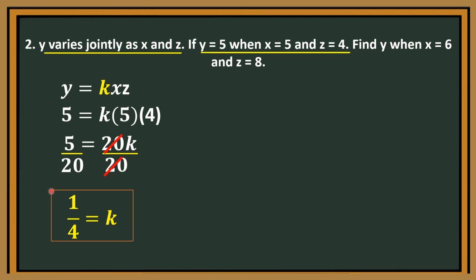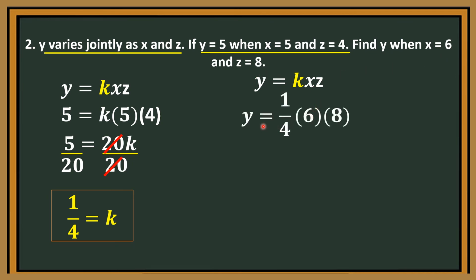Then since we already have constant, we can solve now for y, wherein x is equal to 6 and z is equal to 8. By substitution, again, let us use the original equation. Y is equal to k times x times z. K is 1/4. X is 6. Z is 8.